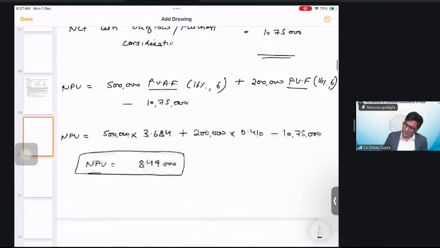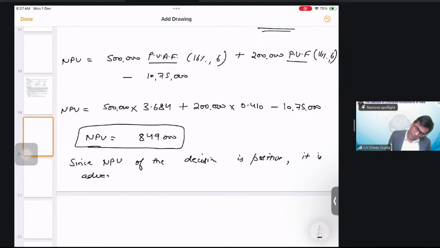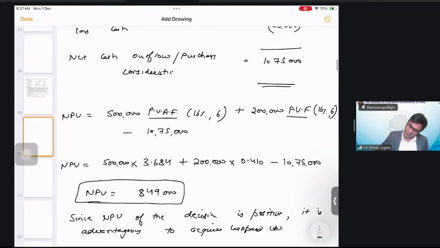So since the NPV of the decision is positive, it is advantageous to acquire Leopard Limited.